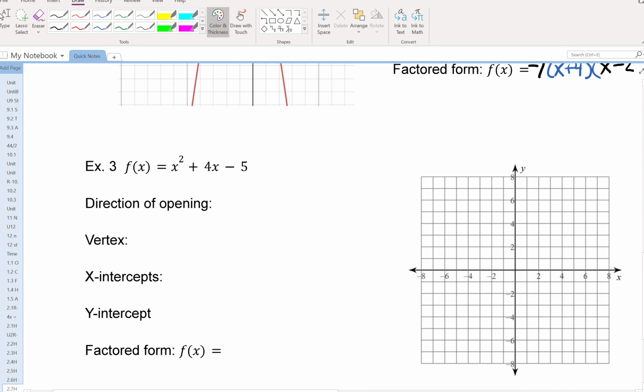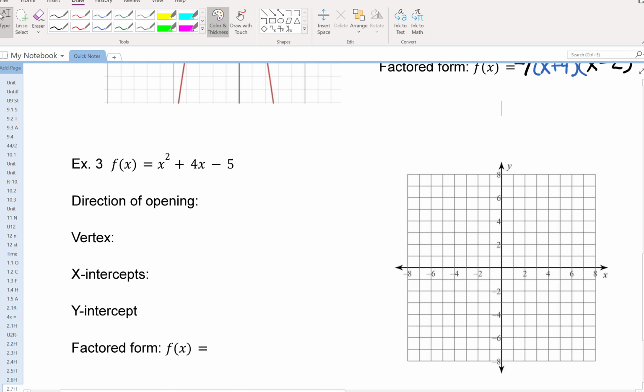All right, let's look at example 3. Once again, this is not factored form, so we would want to factor it. I'm going to go ahead and just write that in here. I know that this is x and x. And then I got -5, so I'm going to write +5 here and -1 here, and that would be factored form.